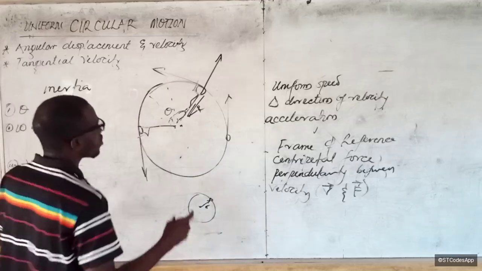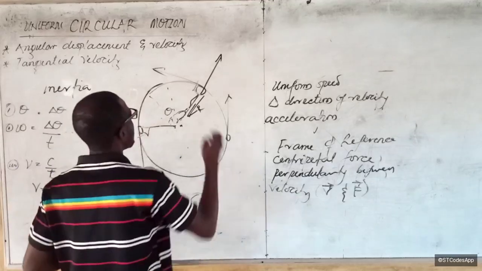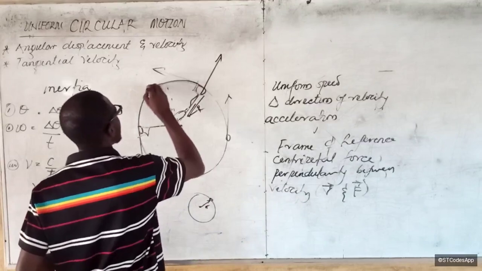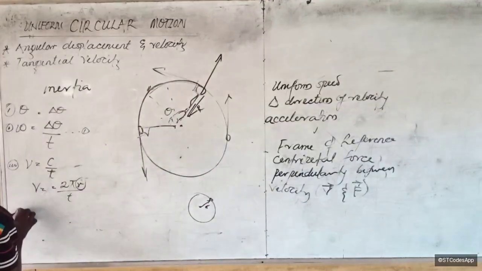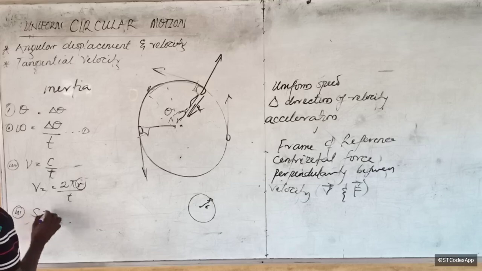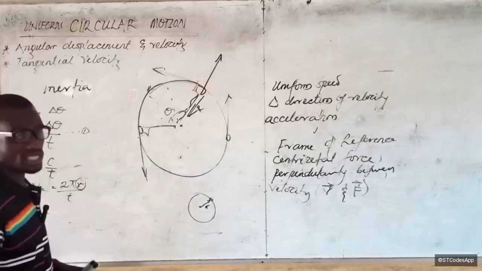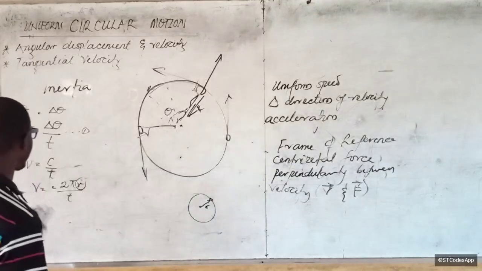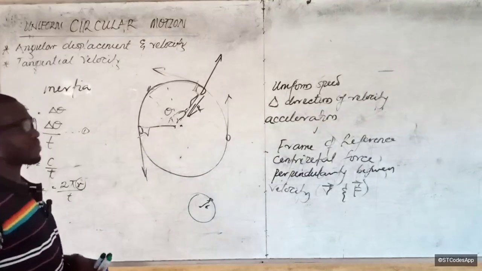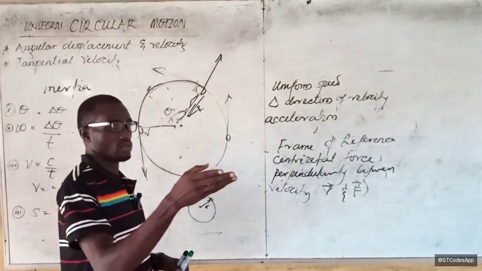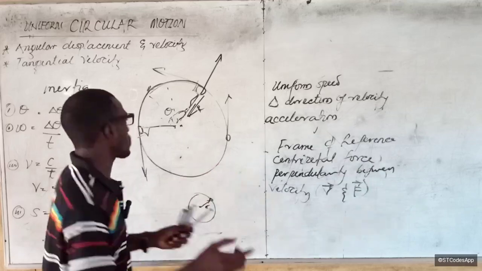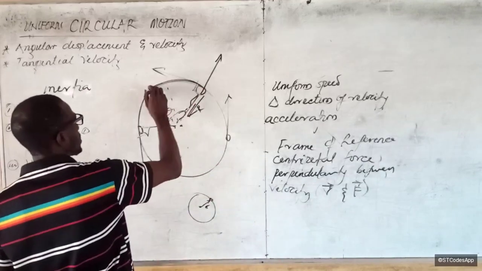Now, what if the body did not move the entire circle? If the body only moved this distance, how do we calculate that? Let's call that distance s. The distance moved is just, if you remember in mathematics where we did length of arc, because this angle is just an arc of the circle.